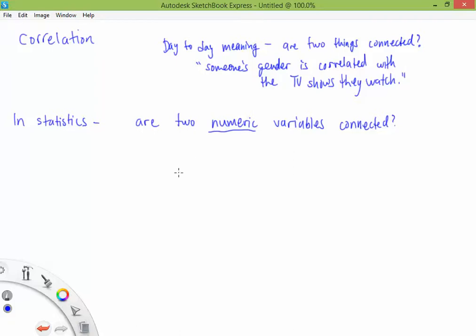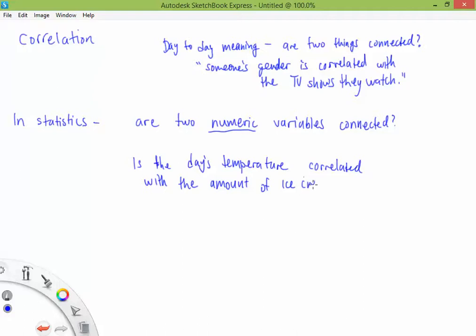But we can ask things like, is the day's temperature, that's a numeric value, right? Is the day's temperature correlated with the amount of ice cream sold? Okay, ice cream sold measured in dollars.